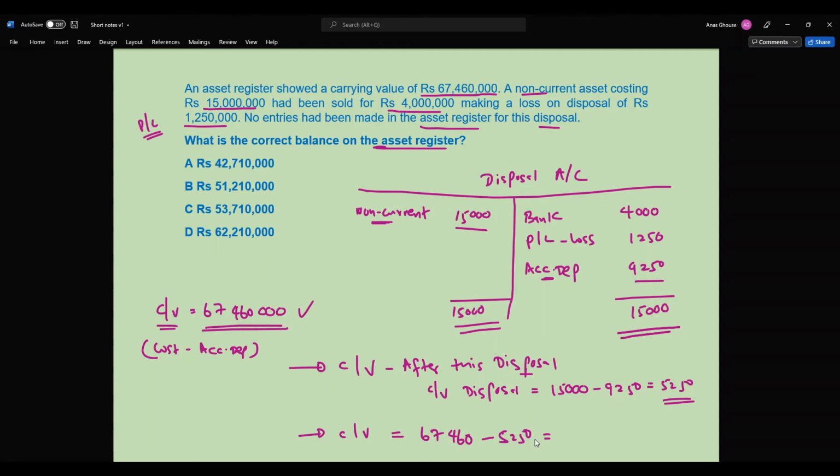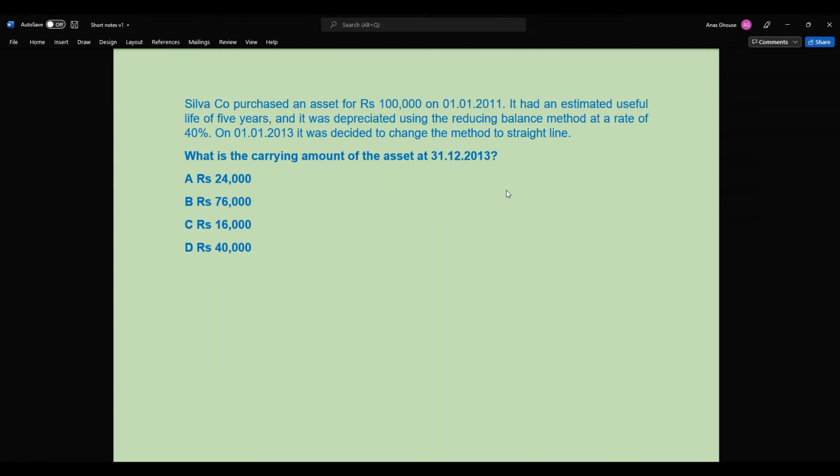Once you simplify this, 67,460 minus 5,250 will be 62,210. So this should be the answer, 62,210,000. Therefore the correct answer should be D, 62,210,000.